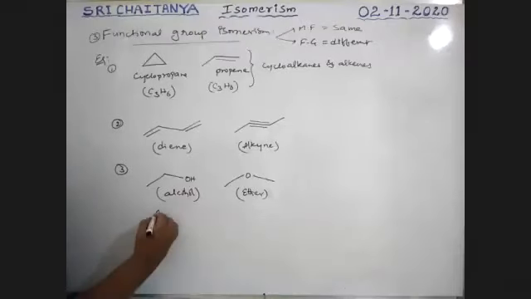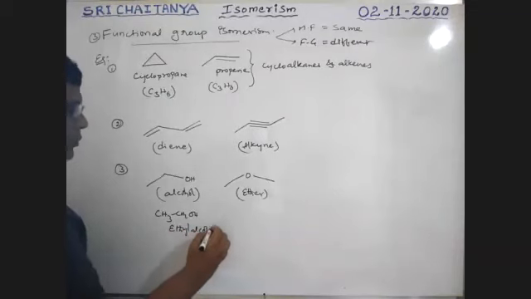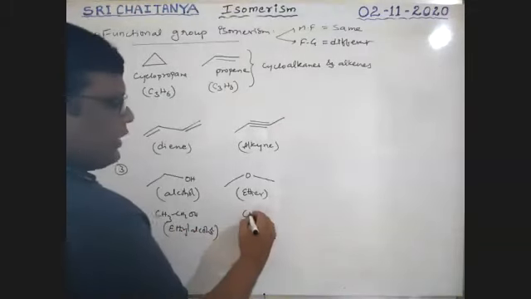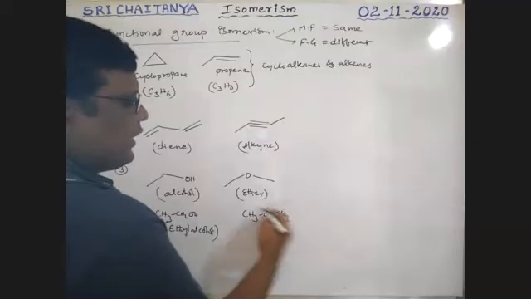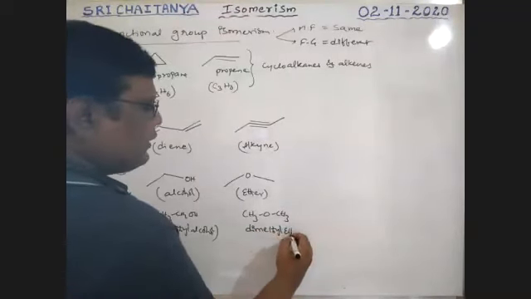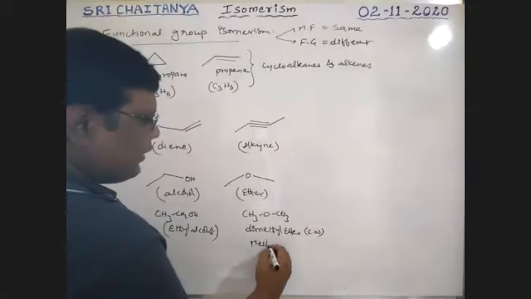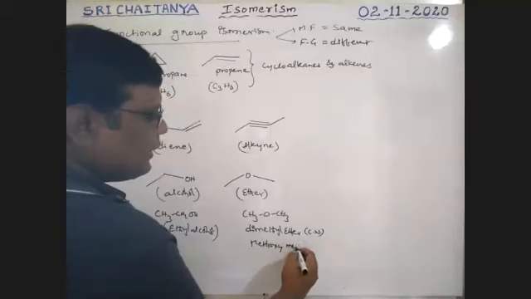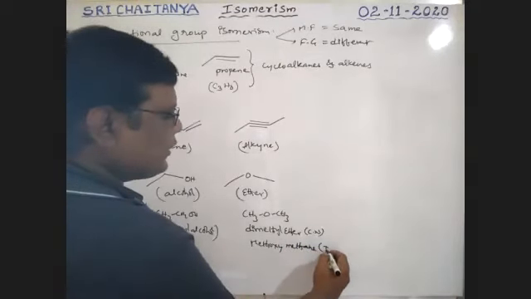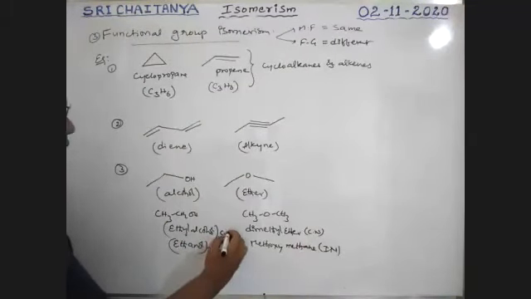Boys, see here, CH3CH2OH, it is ethyl alcohol. And CH3OCH3 is dimethyl ether, the common name, but methoxymethane is the IUPAC name, and ethanol is the IUPAC name of the alcohol.